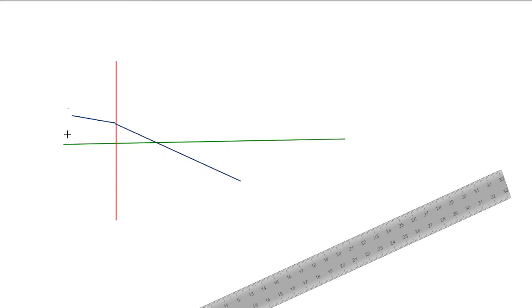Light refracts like this. We have two parallel rays. Light refracts here. And let's draw one more lens's center line, something of this kind.